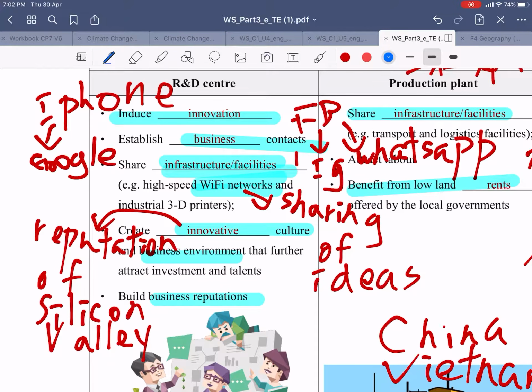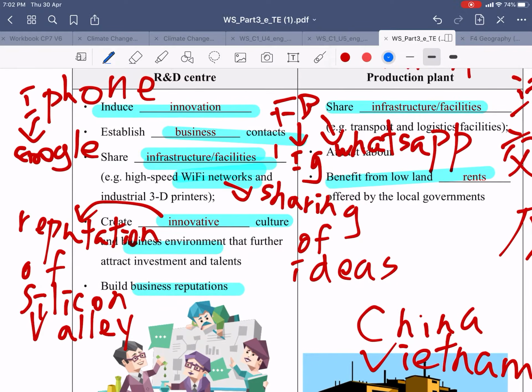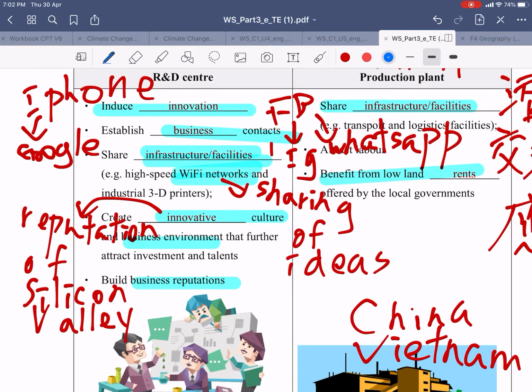Why do R&D centers have to be agglomerated? Because it can induce innovation, establish business contacts, and share infrastructure, like Wi-Fi networks and 3D printers. Those are the things that we can share. It creates an innovative culture and business environment, and builds a business reputation.